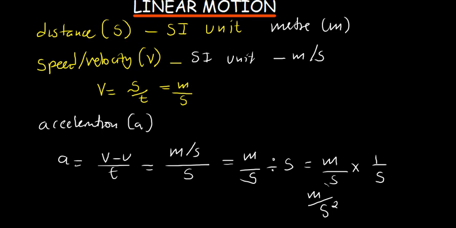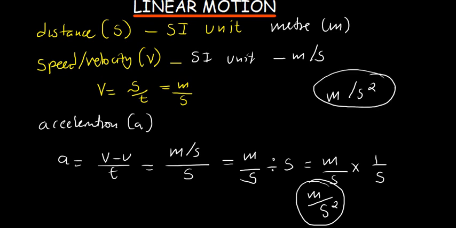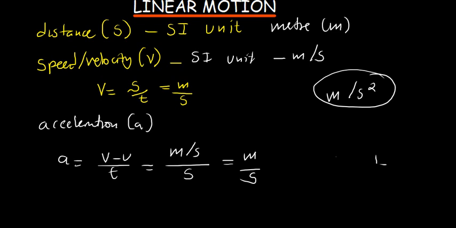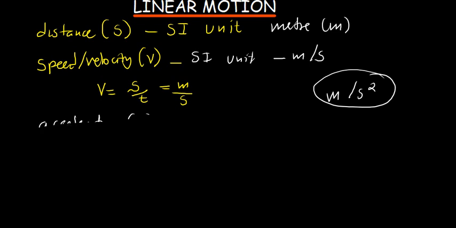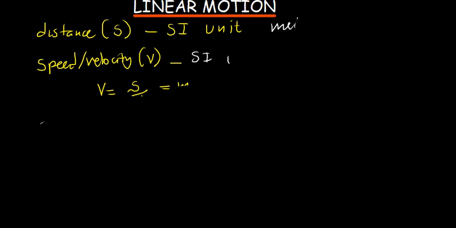So this is the unit for acceleration, meter per second squared. Does this make sense? Okay, good. So we need to know those because they'll bring different units to ask us to identify which one is the unit for acceleration.